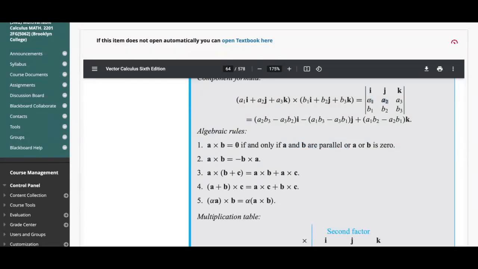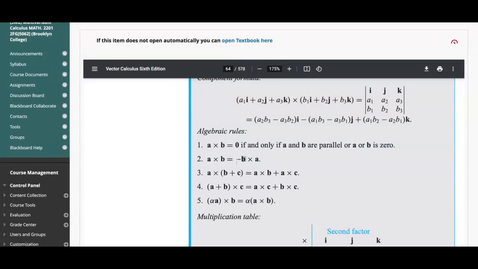If those two are parallel, the determinant is 0, right? Remember, when we talk about determinant being 0, it's a similar idea. A and B are parallel, or one of them is 0.